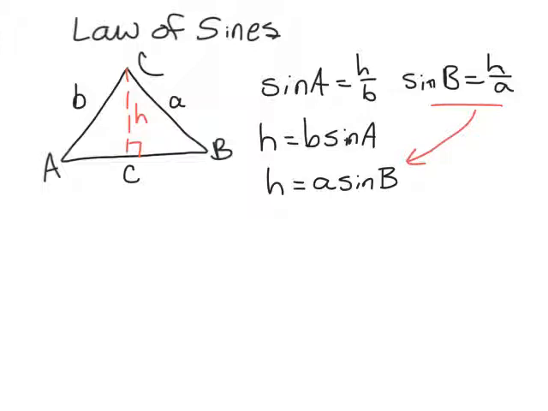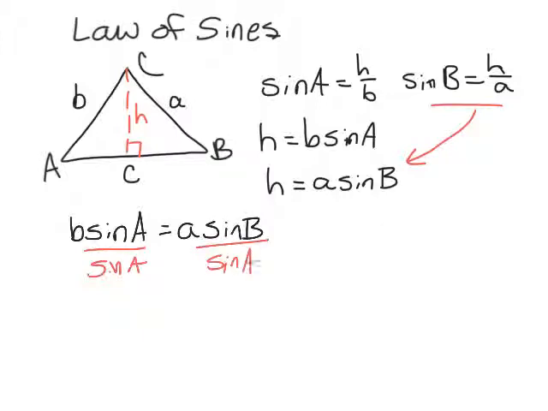Well, when two things are equal to the same thing, they are equal to each other. So I can set b sine of A equal to a sine of B. So I'll do that here. b sine of A is equal to a sine of B. Then, depending on the version that you want to use, I divide both sides by sine of A and then by sine of B. What you're left with is a ratio that looks like the law of sines.